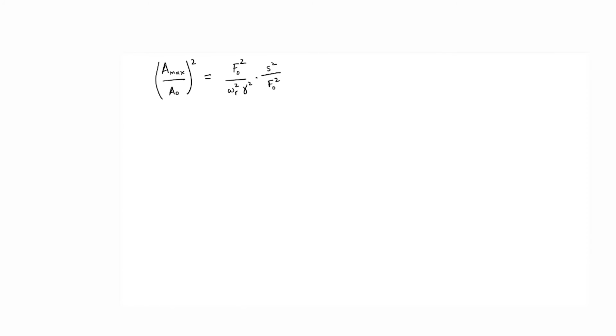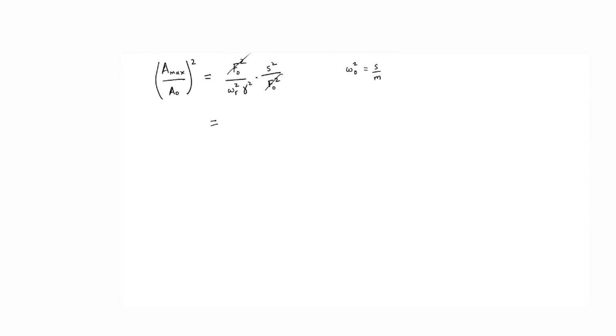Now, we will manipulate it a bit to write it in terms of Q values. The next step is to cancel off F 0 square, and remember that omega 0 square is equal to S by m.